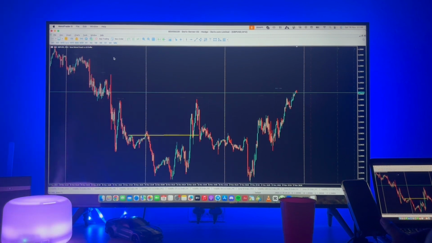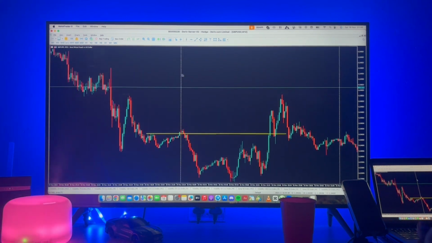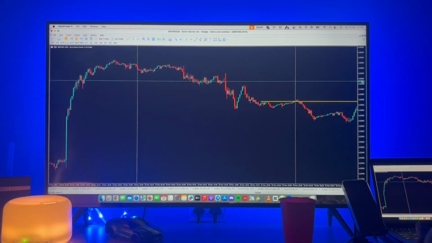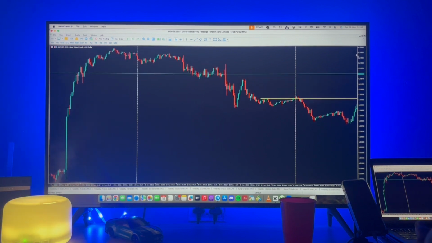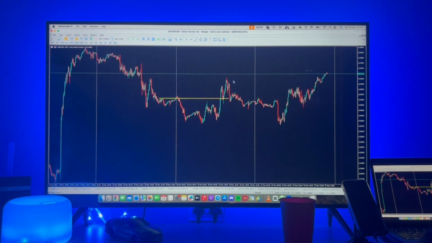Let me zoom in because I know the camera might be a bit far. As you can see here, we have the Tokyo session, and we have the London session overlapping with the New York session, right? So yeah, basically that's it.